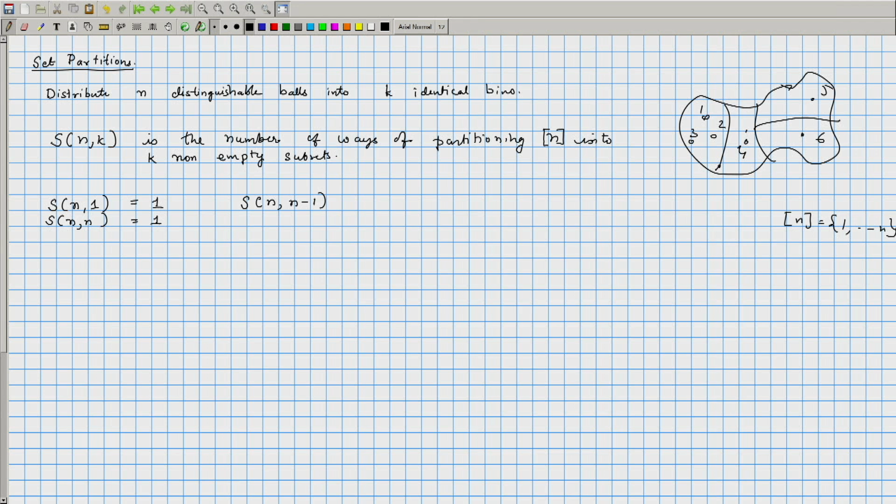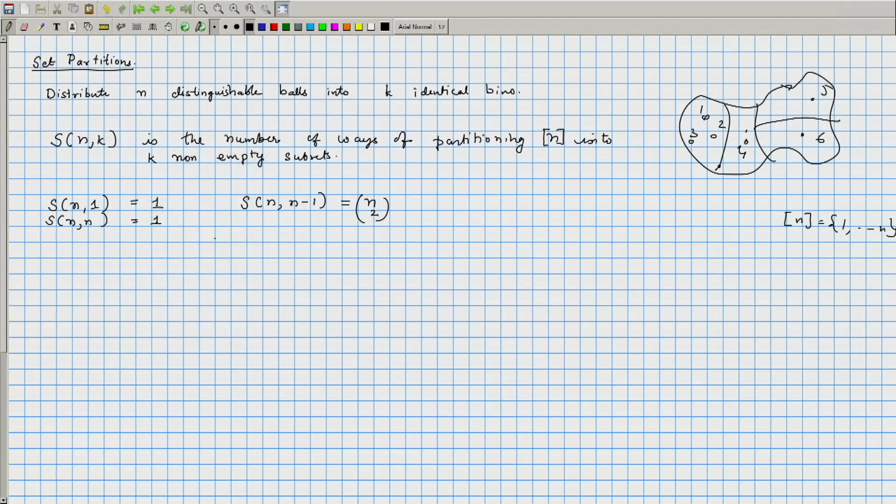Here you have n objects and you need to split them into n minus 1 non-empty boxes. So, we can think of it as all except one box would contain a single element, and there will be precisely one box which contains two elements. Which two elements go into that box can be decided in n choose 2 ways. So, that is the total number of ways as well. So, this is equal to n choose 2.